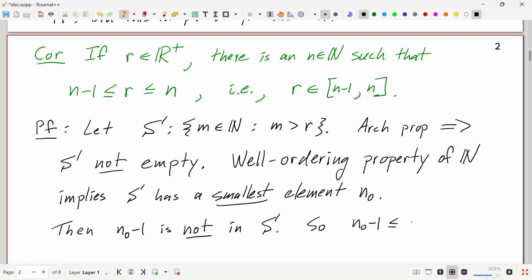Yeah, n naught minus 1 is less than or equal to r. It's not bigger than r. Otherwise, it'd be in the set.